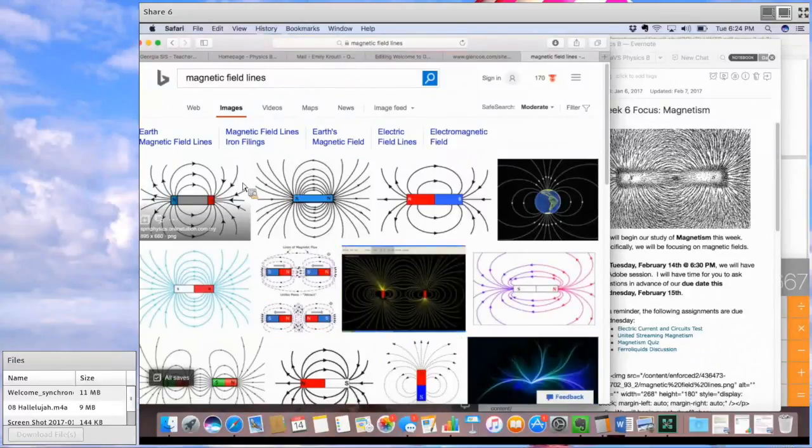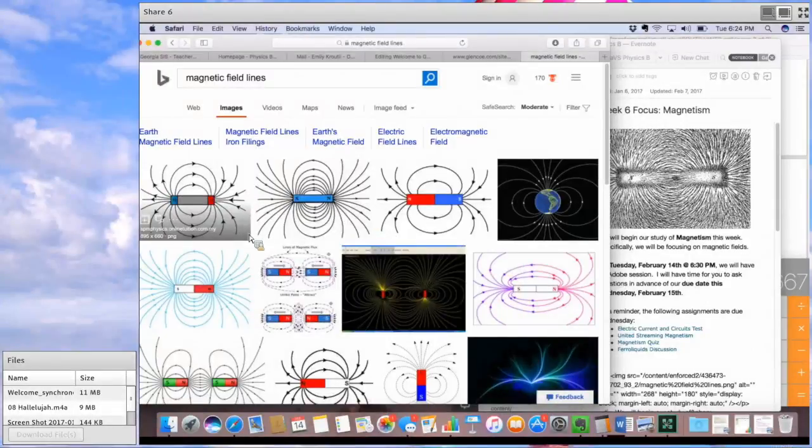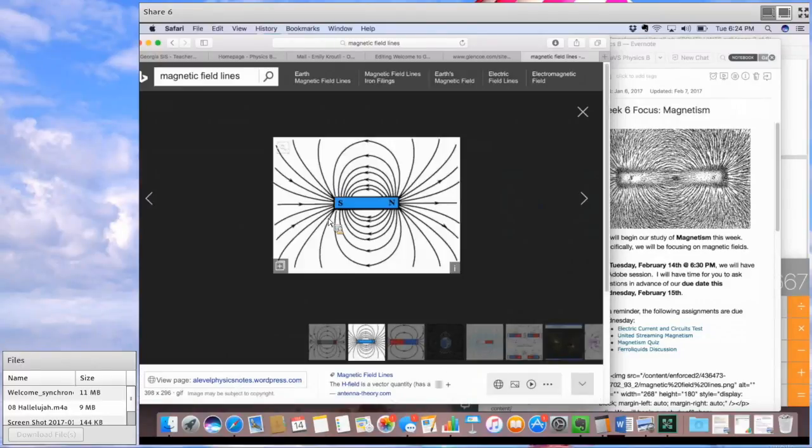Do you see these diagrams right here? Can you see all these pictures of magnets? At the edge of the bars, all the lines are really close together, and some even start touching, like in this one right here. That's where the field is going to be really strong. And as we get farther away from the magnet, these lines get farther apart.